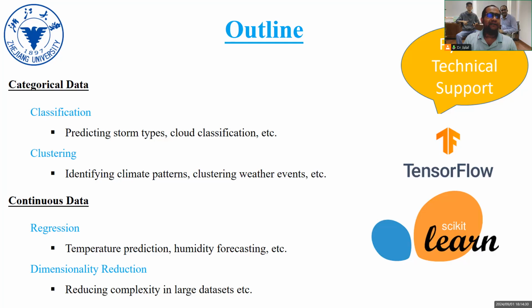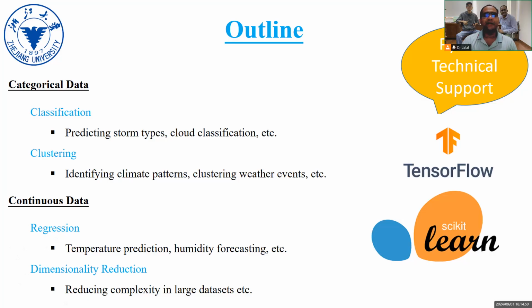And the second one is continuous data. If we have continuous data, then we can do two tasks: regression and dimensionality reduction.